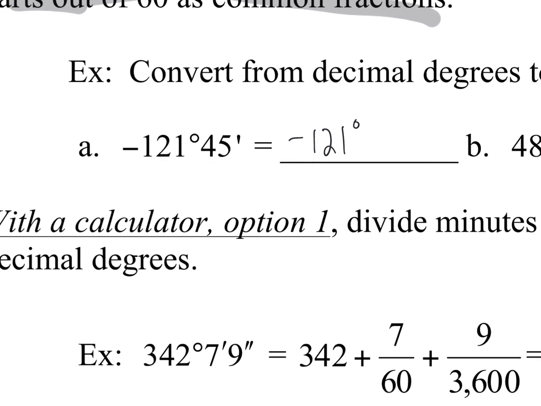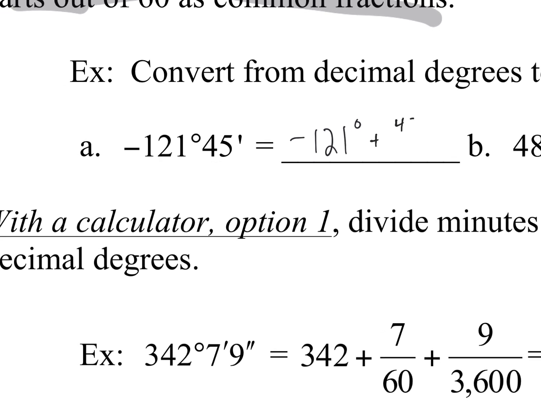So what I'm really adding is 45 over 60, and we can simplify that to 3/4, or as a decimal, 0.75 degrees. Maybe we recognize that more directly, that 45 minutes is 3/4 of an hour, but we don't really want to use time here. But it does get us to that 0.75.